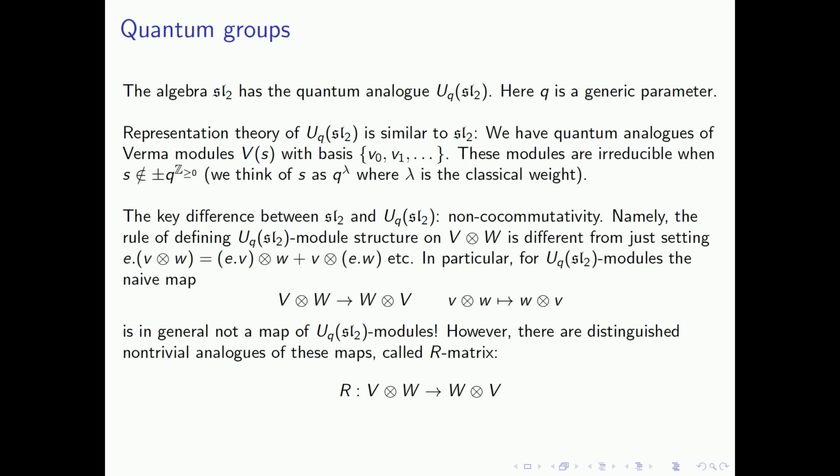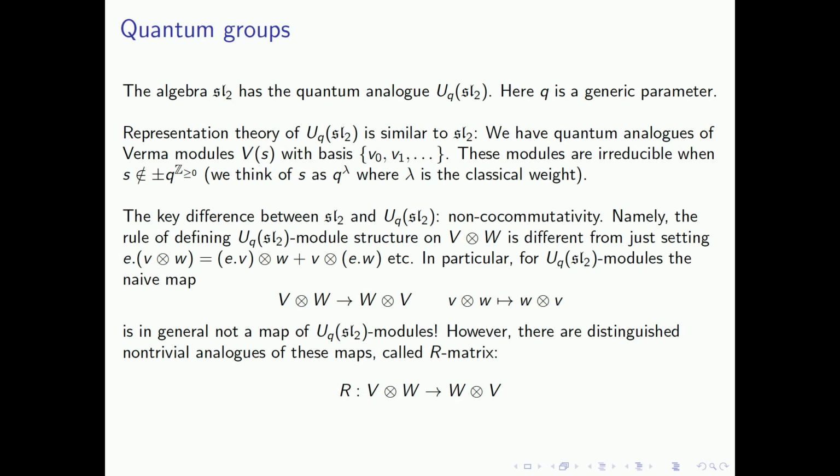Namely, if you take two representations of this quantum SL2 algebra and take tensor products in different orders, there is still some natural way to define the action of your quantum algebra on these tensor products, but these actions will not commute through this naive change of factors in the tensor product.